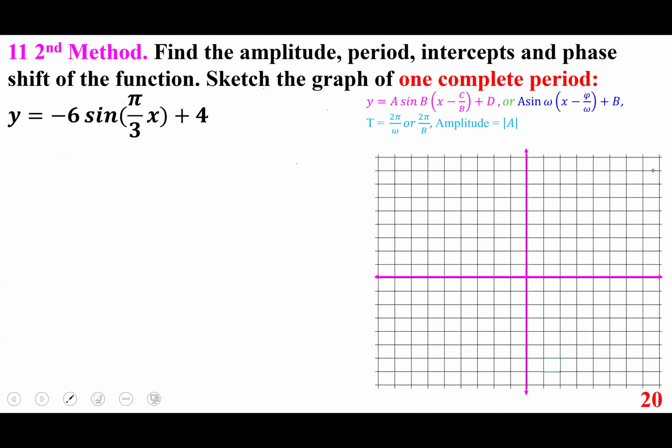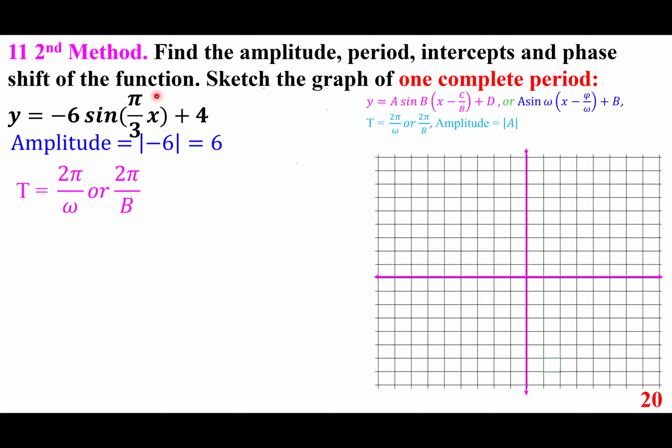I'm going to look at the same question with a slightly different method. Again, the amplitude is the absolute value of negative 6, which is 6. The period is 2 pi divided by pi over 3, which is 6. So we should know those.